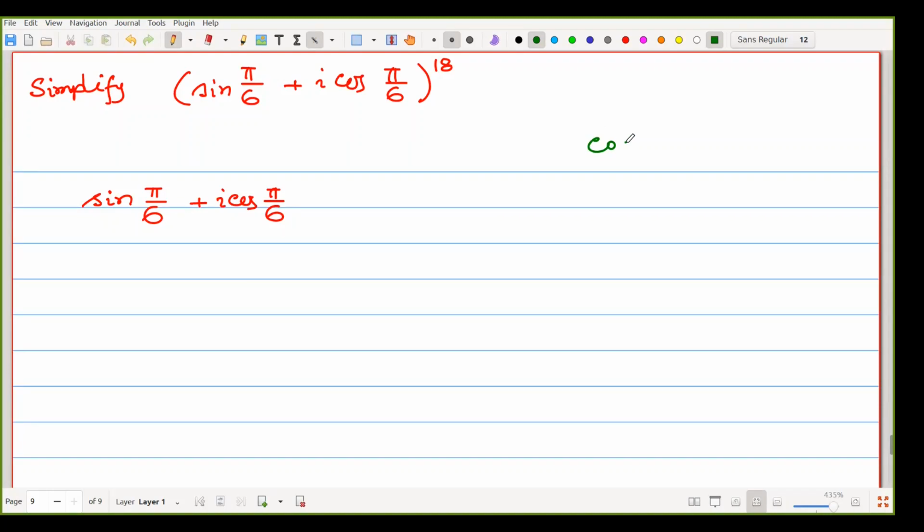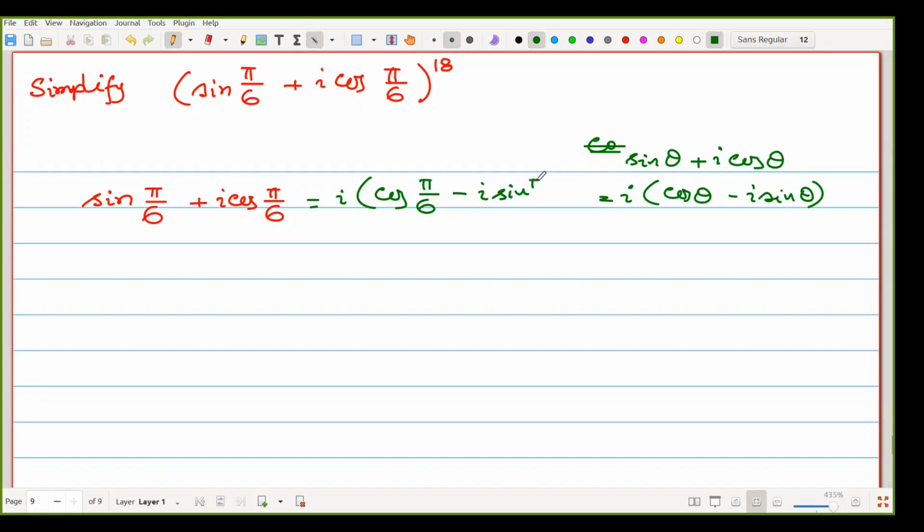When we have sine theta plus i cos theta, it can be written as i into (cos theta minus i sin theta). So here also we can write it as i (cos pi by 6 minus i sine pi by 6).